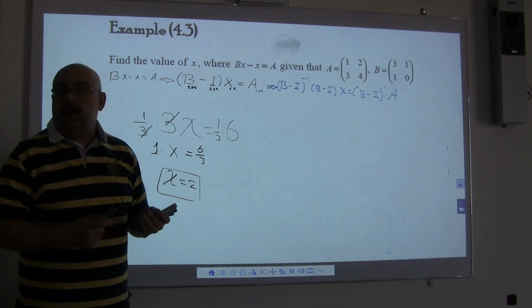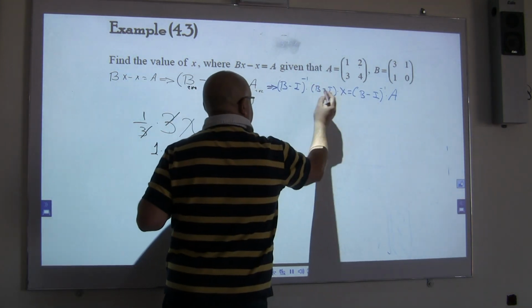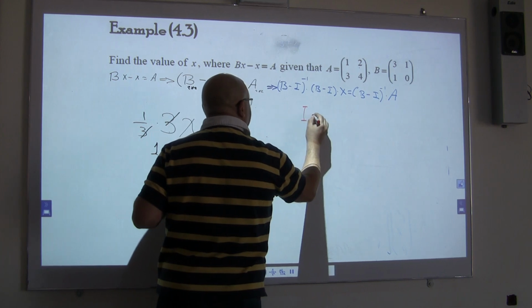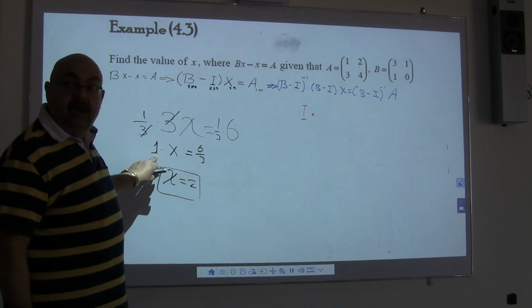Okay, what are we going to see? We are going to see that these two matrices cancel each other, and we will have the identity matrix. It's like canceling them together, and you have 1.